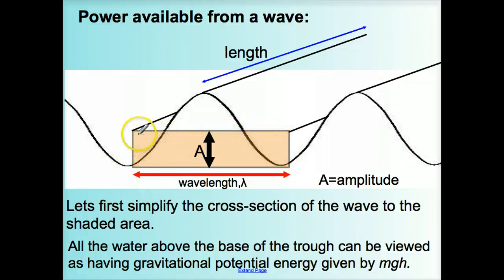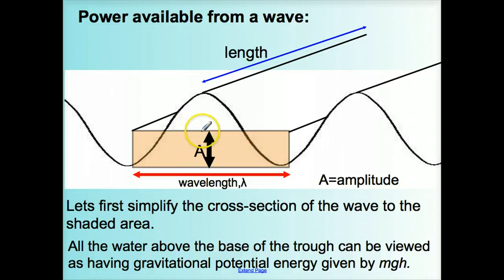We're imagining that this rectangular shape has gravitational potential energy above the base of the waves, the trough of the waves. We can see that the length of this rectangular shape is the wavelength, and the height of this rectangular shape is the wave amplitude.